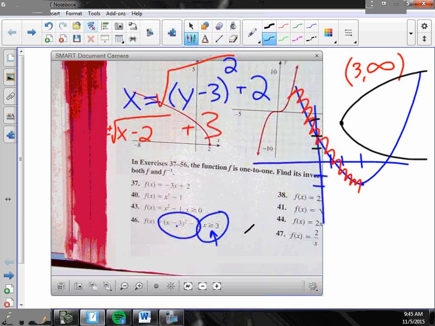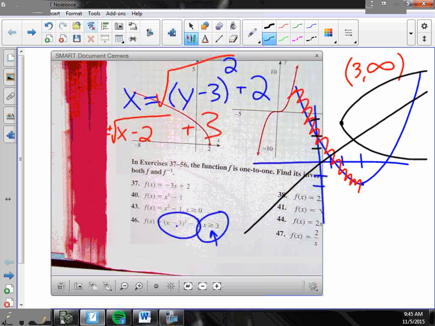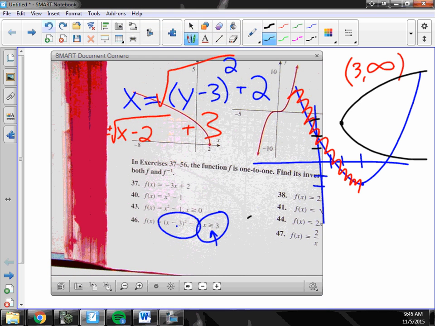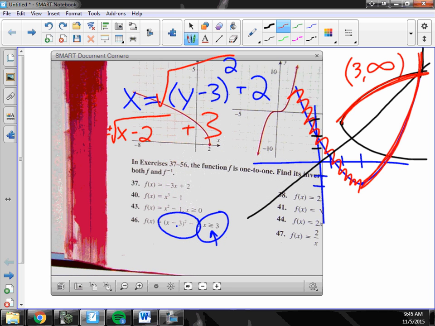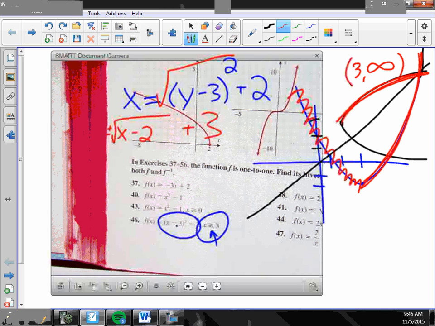So here's the reflection line. Oops, I didn't draw that right. The reflection line would be right here. So this is the inverse of that. So it's only the plus version. So we can get rid of the minus.